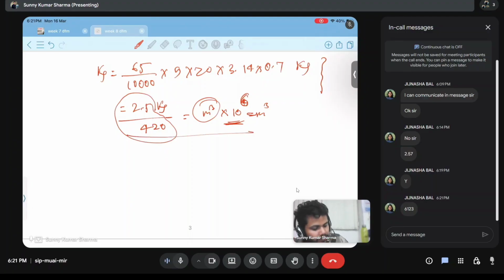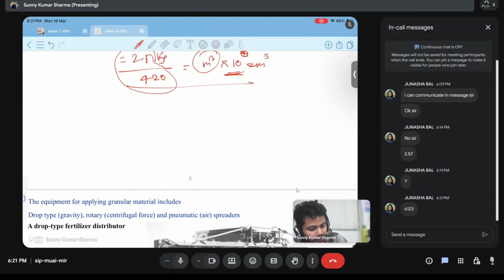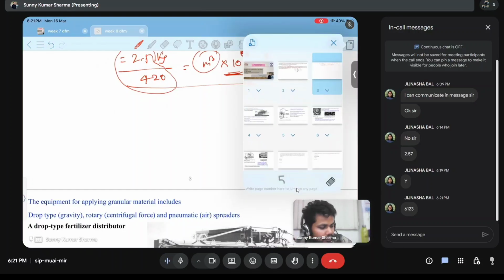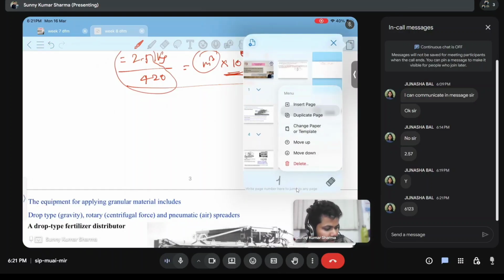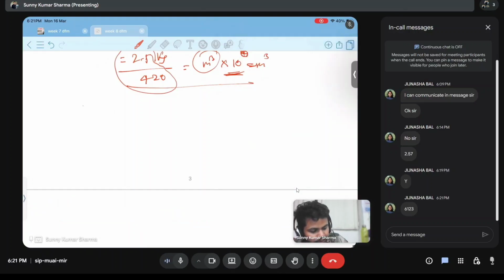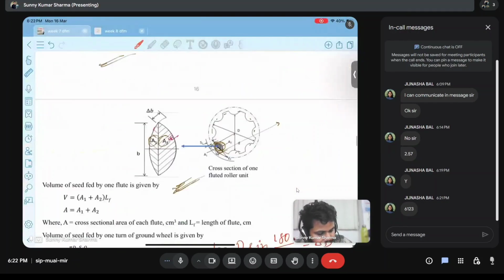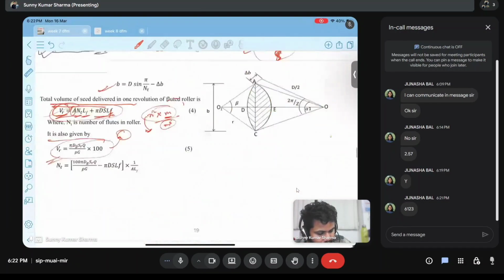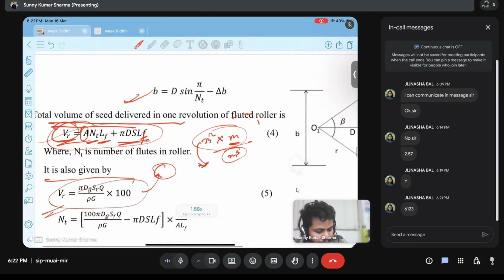Okay, keep that one. And now we need to know the volume of seed from making units. For that, the volume of seed was area into number of future unit into width of future unit plus 5 s, that is a into a and t l plus 5 ds.